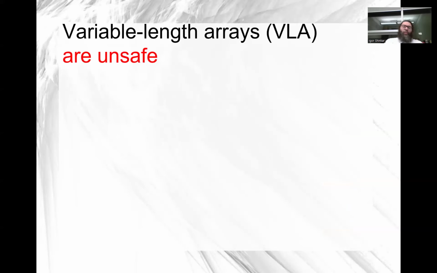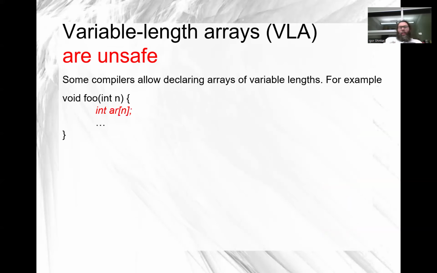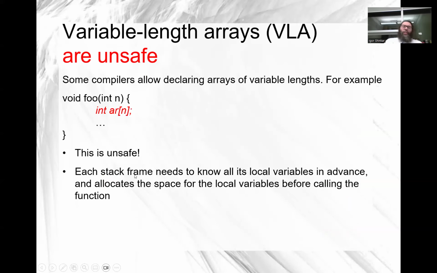Right, so now let's go back to variable length arrays. Why is this unsafe? Because each stack frame wants to know all its local variables in advance. It wants to know them at compile time. So when we compile the function, it will say, look, your stack frame will have exactly one int and one char, and nothing else.